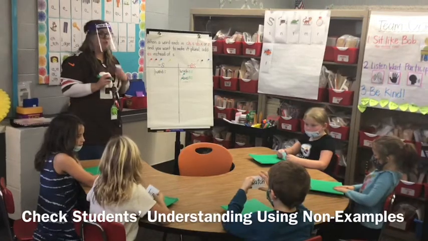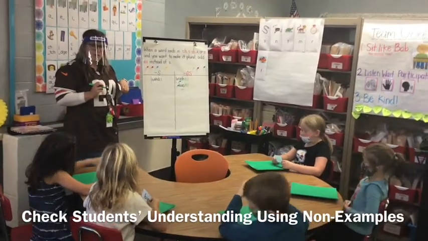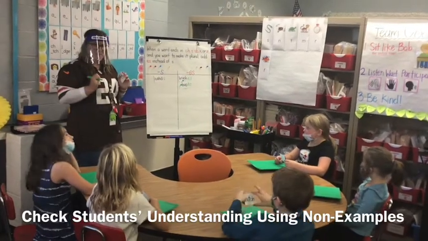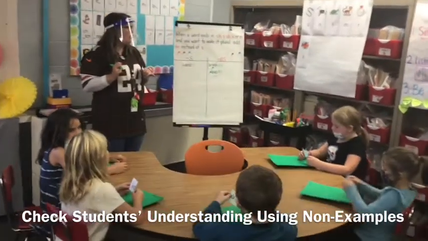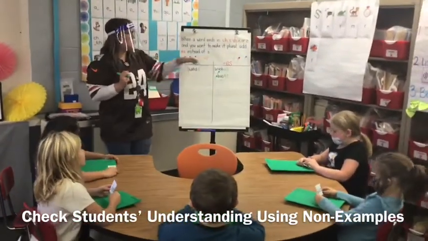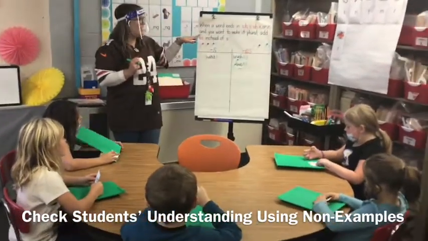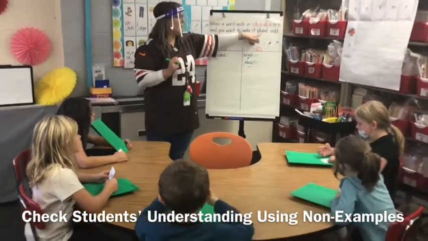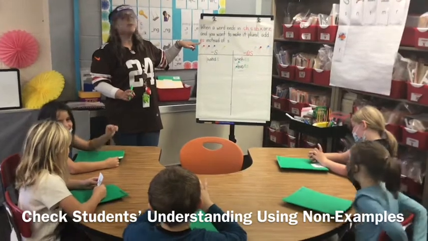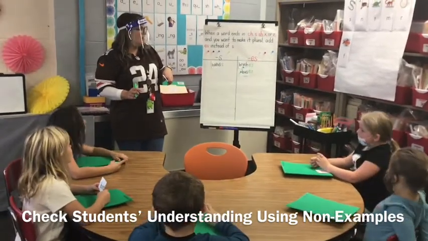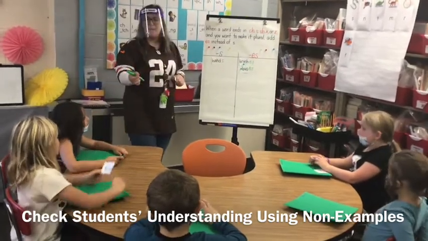Brooklyn, what's your word? Bird. What does bird end in? D. So what does it get? It gets an S. Why does it get an S? Because when a word ends in CH, S, SH, X, or Z, and you want to make it plural, add ES instead of S. It has no D in there, so I'm going to put in the S. Perfect.